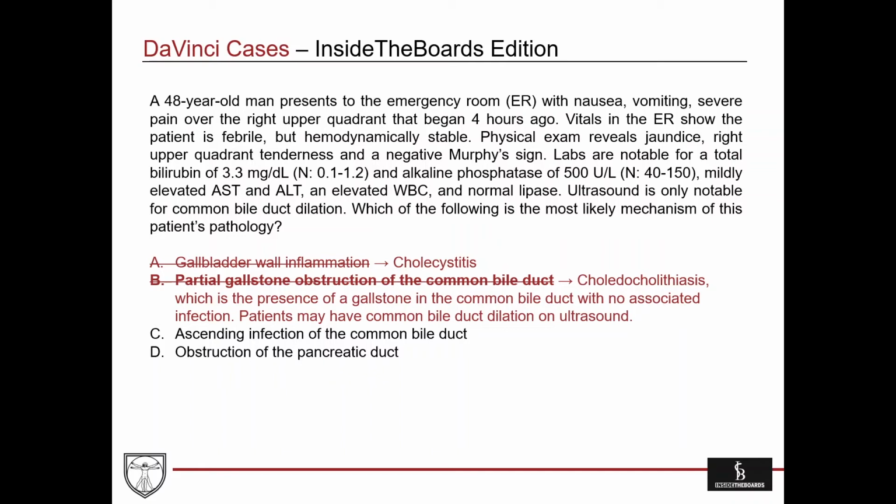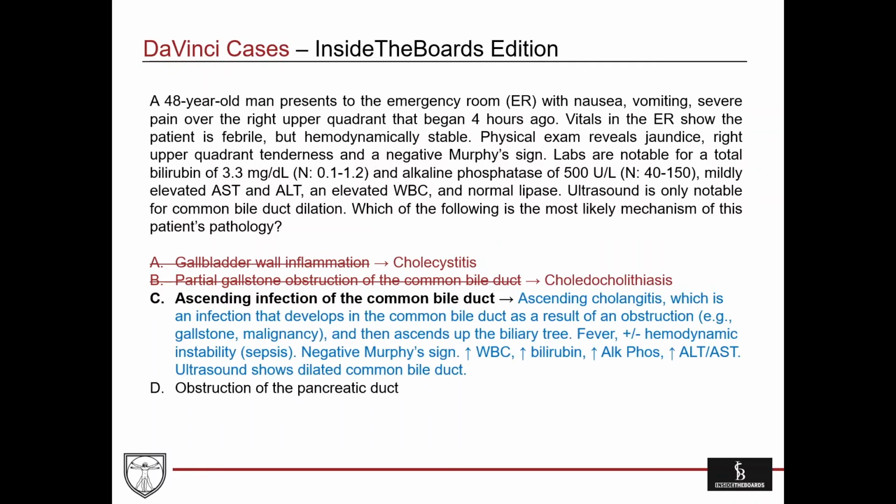So common bile duct dilation on ultrasound would be a classic finding. You're still going to see probably that right upper quadrant pain, but you're not going to have the stigmata of infection or general inflammation, like a fever, for instance. Especially on an exam, they're trying to make it as black and white as possible.